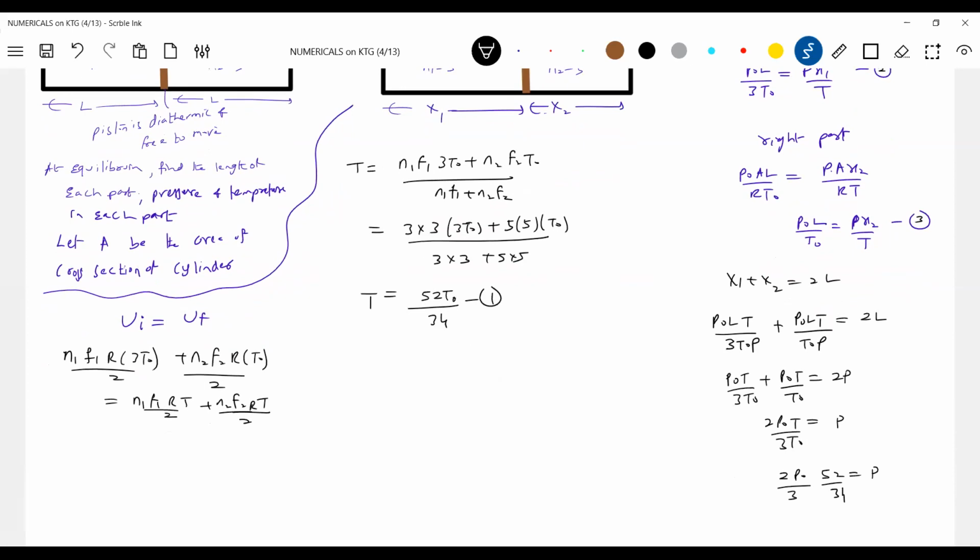Anybody, value of P? 52 by 51. So what happened? The pressure in each part has increased.